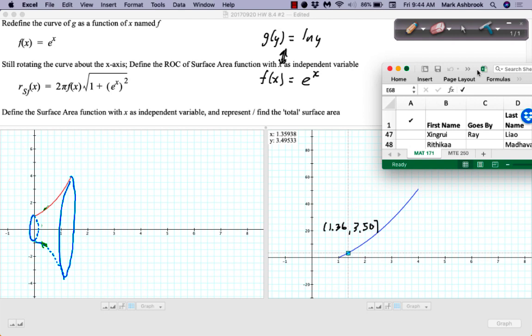Okay, where's Ray? Ray Lau, where's Ray? What do you think? So what do these numbers mean? This point, 1.36, 3.5. So when y is 3.5, x is 1.36. Okay? Let's see here. Where's Rithika? You agree with that? When y is 3.5, x is 1.36. You agree? Okay, y is the independent variable.